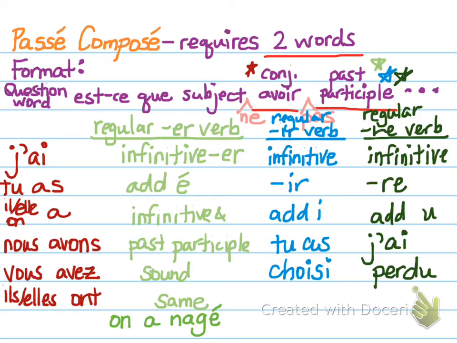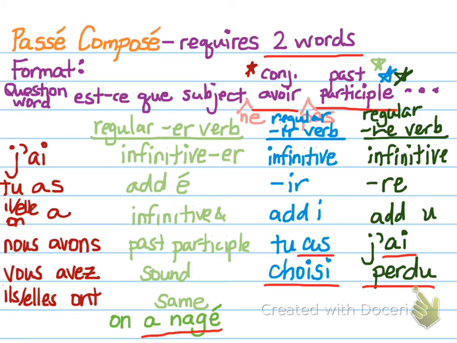So again, all of these passé composés required those two words, right? A nagé, a choisi, a perdu. Okay? Now, those are our three categories of regular verbs for forming the passé composé.